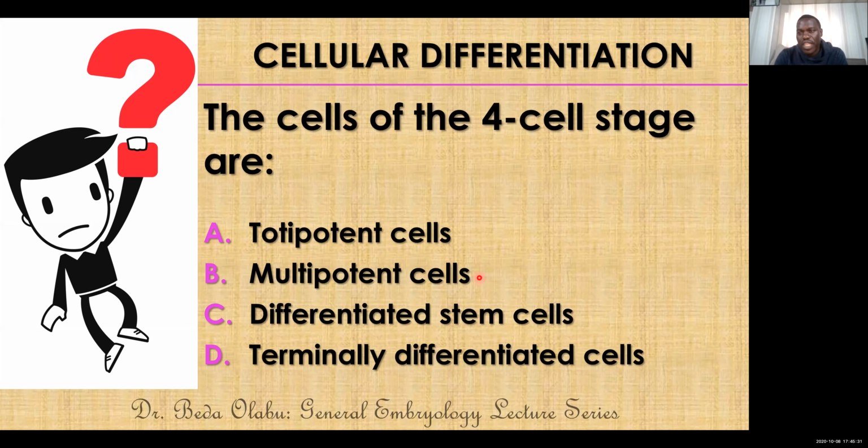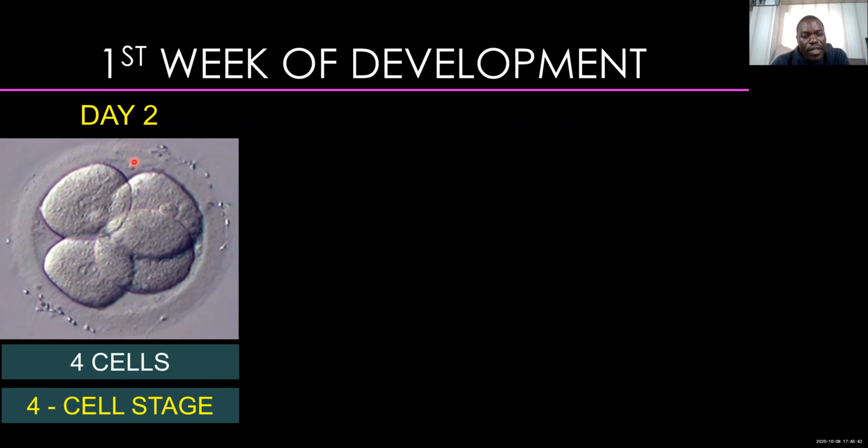I removed it so that you don't have that ambiguity. Now we are saying we have a structure with 4 cells. We have called that structure the 4-cell stage. And we are on the 2nd day of development.